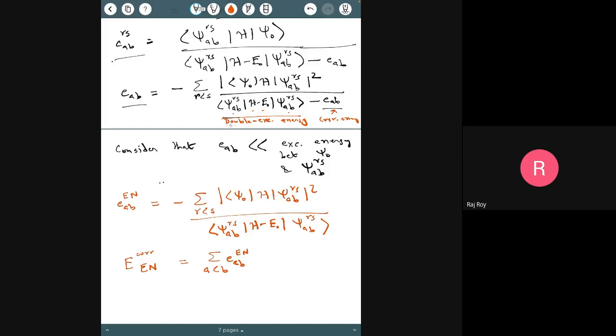Ma'am, this EAB energy, does it represent the amount of total correlation energy between the orbital A and B? Yes. So it's the correlation energy for every pair. So here the physical idea is that the probability of two electrons interacting between themselves is more important than three interacting together or four interacting together.